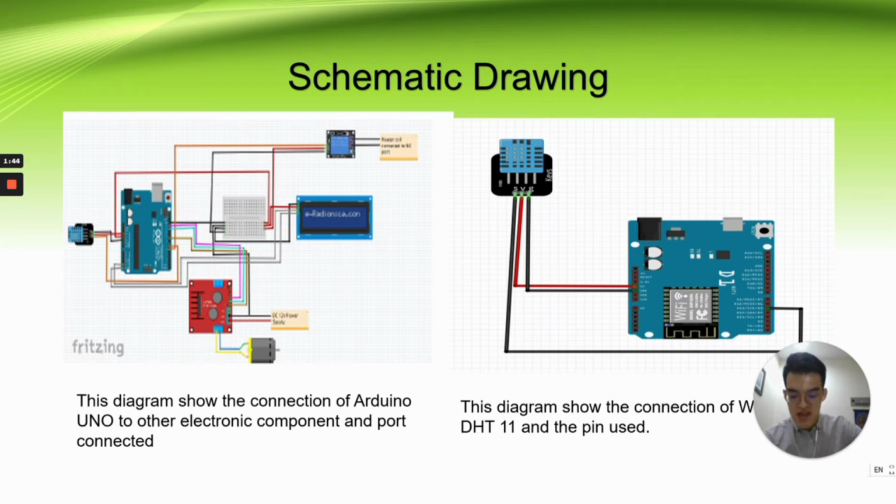The LCD is connected to pins A4 and A5, and on the right hand side, we can see only one sensor and one development board, the Wi-Fi development board, which is connected to pin D5.